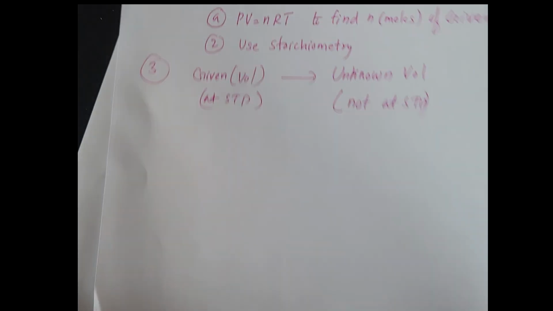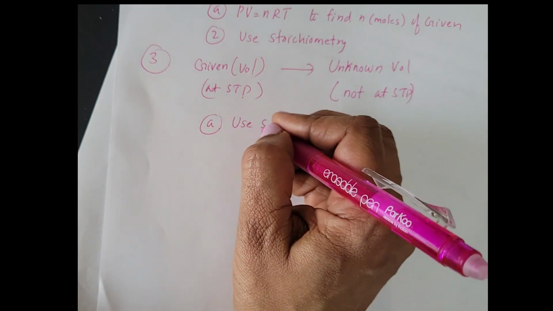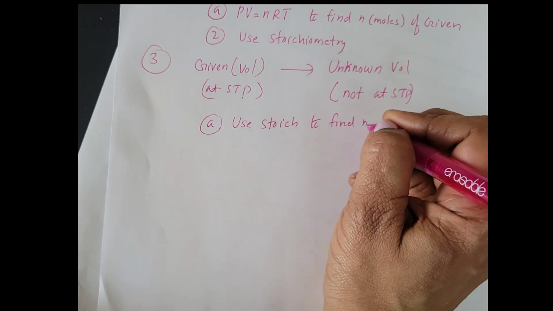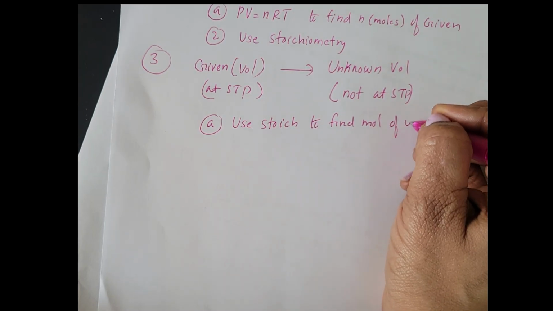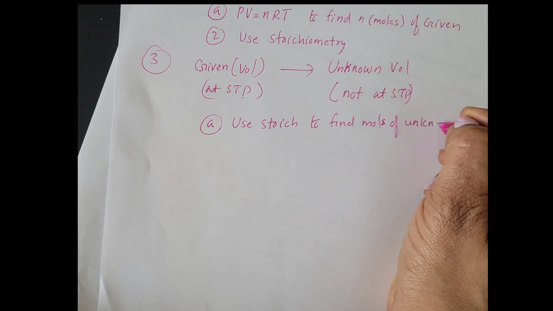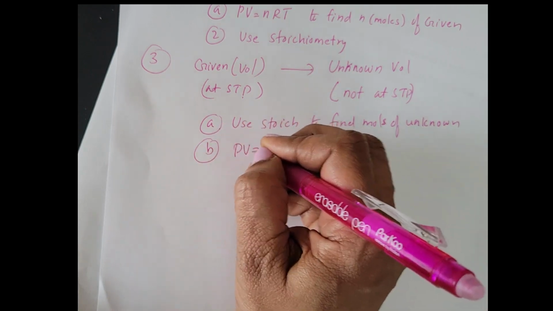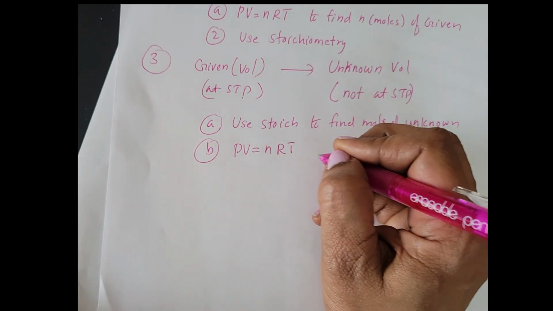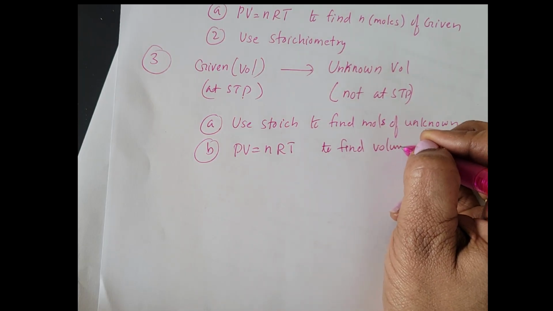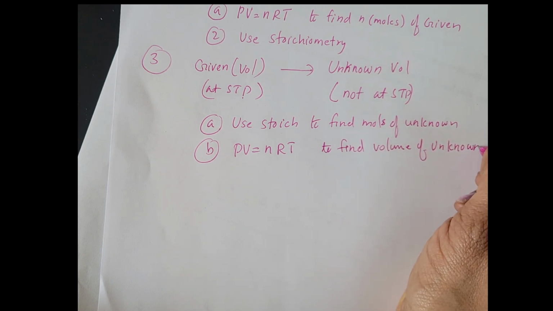So what we did first, because the beginning is STP, you are using Stoich to find moles of unknown. Then use the ideal gas equation to find volume of unknown. So that is the third type.